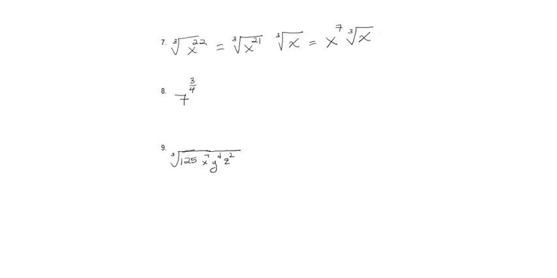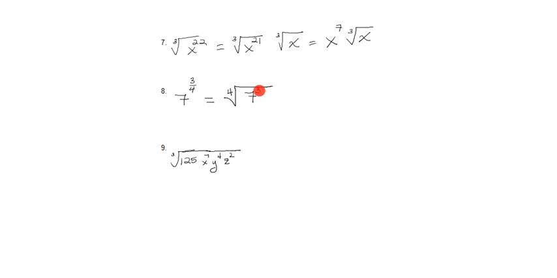Got another fractional exponent here, so we know we can write this as a radical. The denominator is going to be my root. My denominator is 4, so I'm going to write a 4 for the root. And then we are left with x cubed, because we take the numerator to be our exponent underneath the radical.